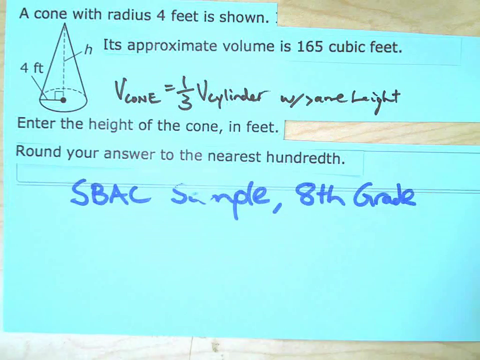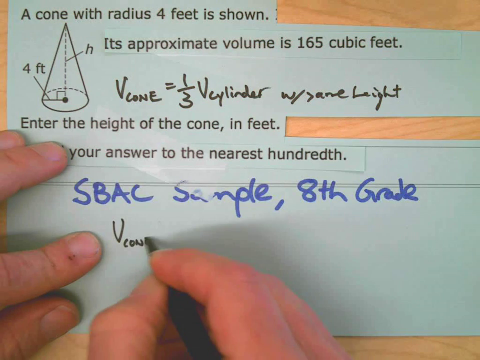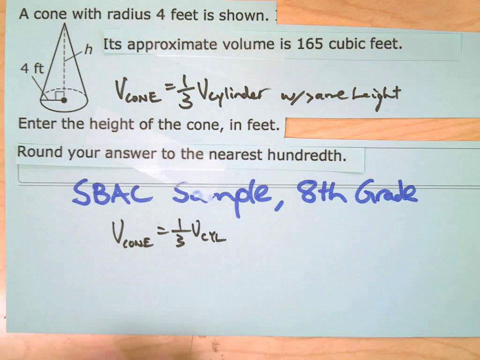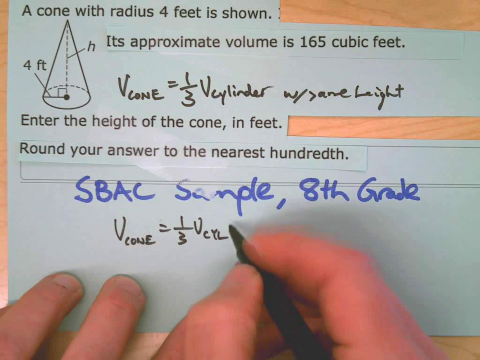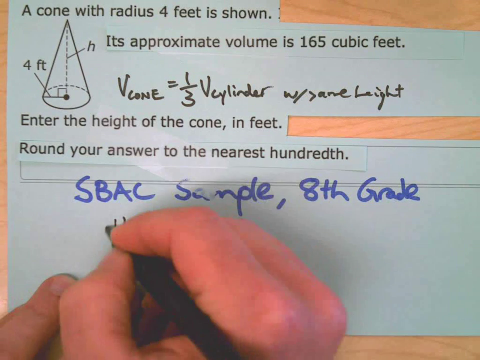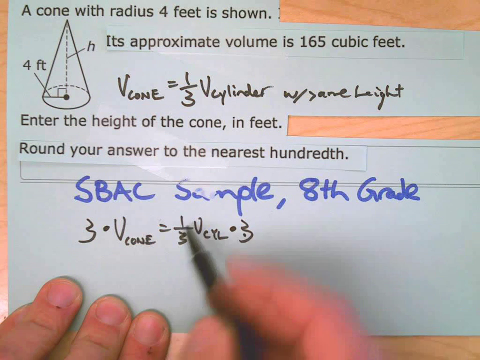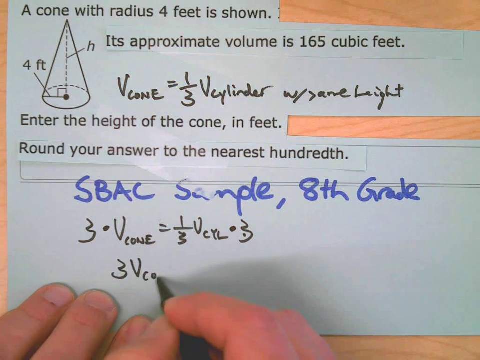So what that means is volume of a cone equals 1/3 volume cylinder. Let's use our algebra skills to make a new equation here. If we multiply both sides by 3, 3 times 1/3 equals 1, right? So 3 times the volume of the cone equals the volume of the cylinder.